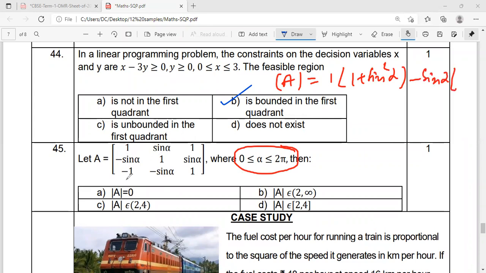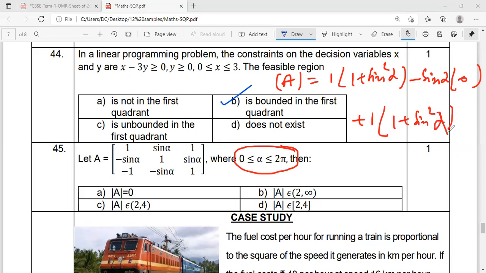So minus sine alpha plus sine alpha should be 0, and plus 1. So 1 should be sine square alpha plus 1, so 1 plus sine square alpha again.